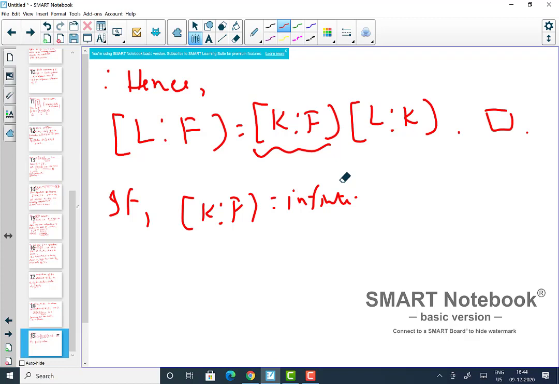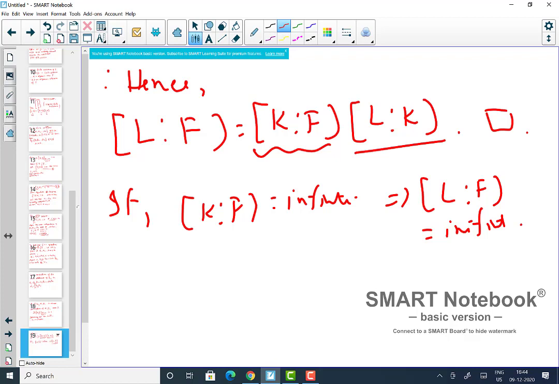But those infinitely many elements of K which are linearly independent over F are also elements of L. So they are also linearly independent over F, right? So that means this implies this is also infinite, right? Clear? And now obviously if you assume this also, same thing, okay, so whatever.